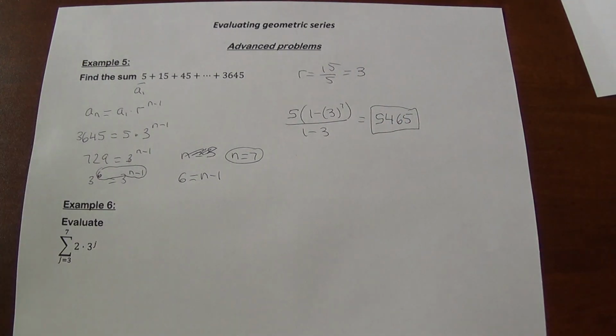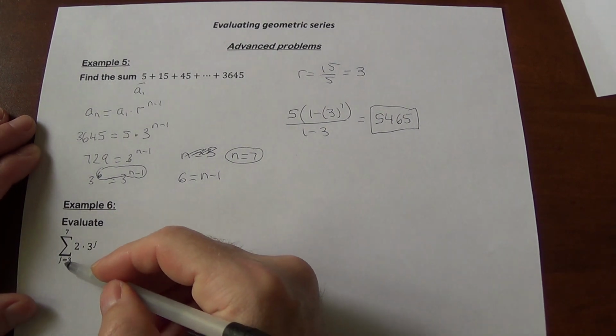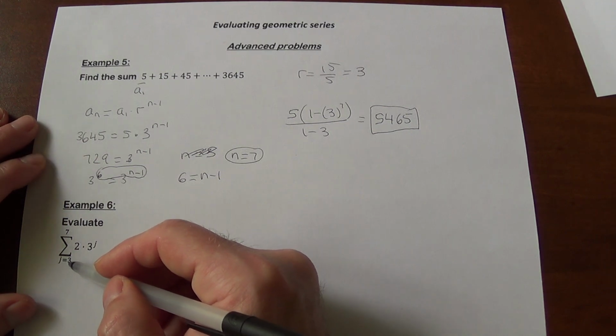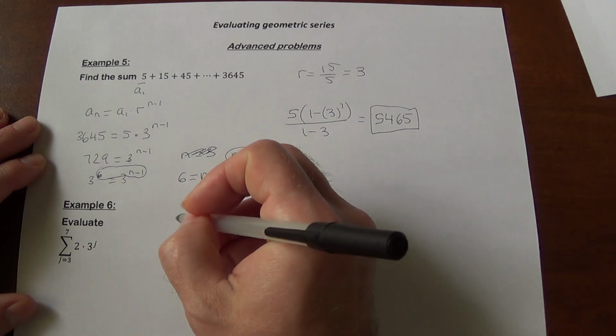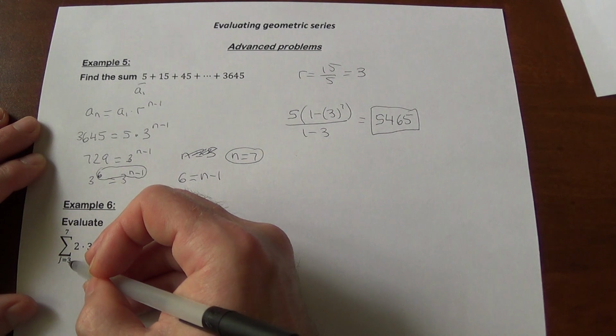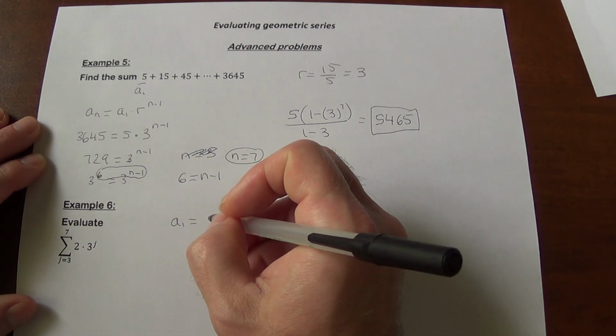Okay. And the last problem here, it's very similar to the first few problems we did. There is one thing that I want to point out to you that we dealt with when we talked about arithmetic sequences. We don't start with 1. So the question is, how many terms do we have here? So the first term here will be when you plug in 3. I know it looks like it's supposed to be 1, but since we start at 3, that would be our first term.